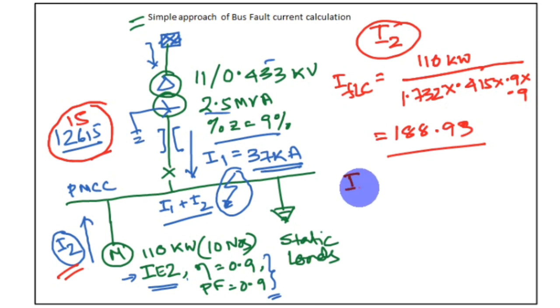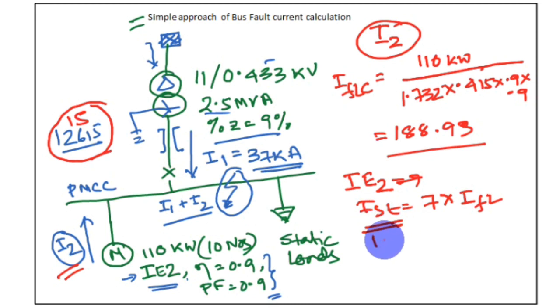As I mentioned, we have selected an IE2 motor. For an IE2 motor, the starting current is 7 times the full load current. This starting current is also known as the short circuit current, because at the time of starting the motor acts as a short circuit condition. So whatever the starting current is, that will be the short circuit current delivered during the fault condition. So the short circuit contribution of each motor, ISC, is 7 into 188.93, which is around 1.32 kiloampere.